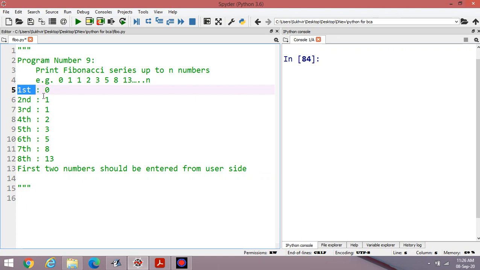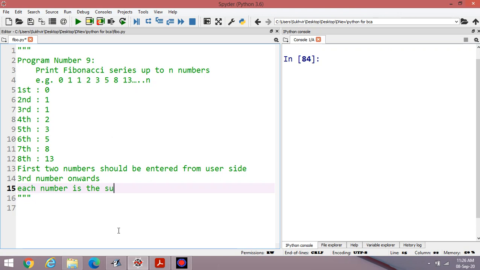These are the two numbers. And what about the third number onwards? From the third number onwards, each number is the sum of its previous two numbers. That's why two numbers should be entered from the user side.